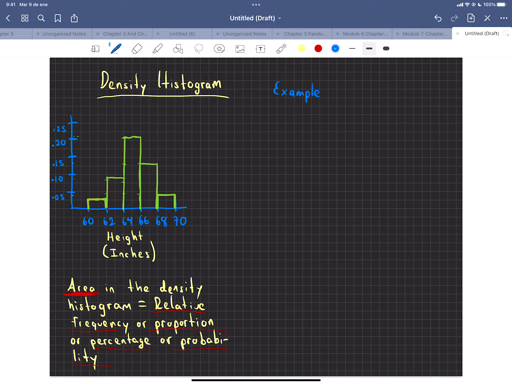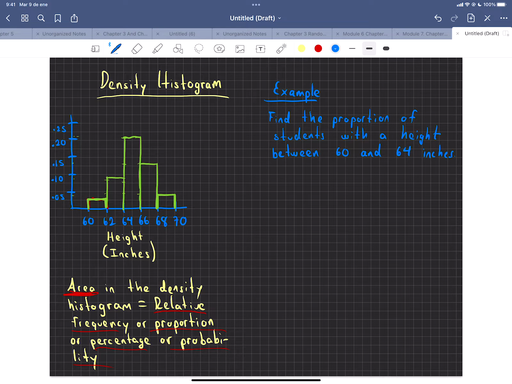Example: find the proportion of students with a height between 60 and 64 inches.